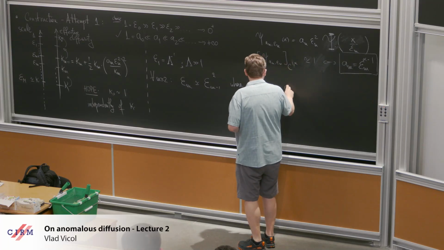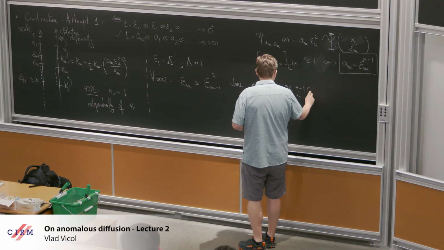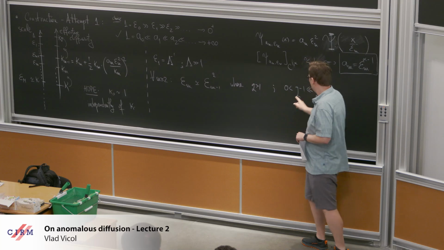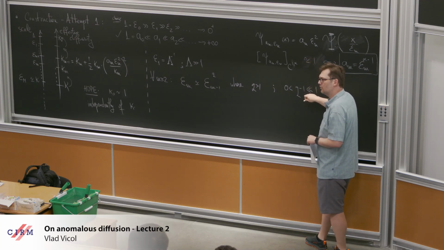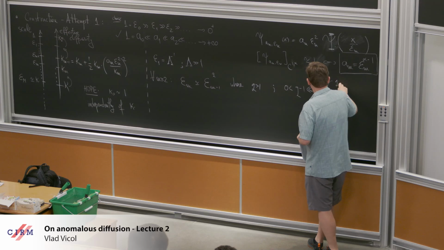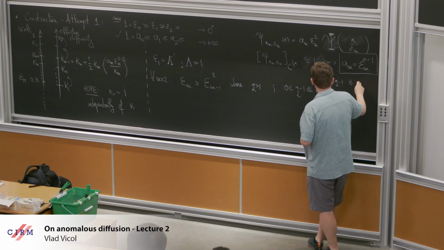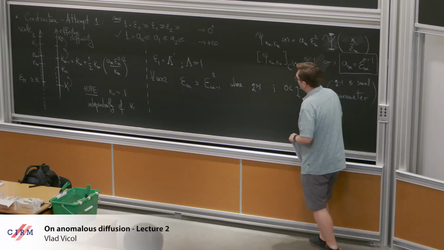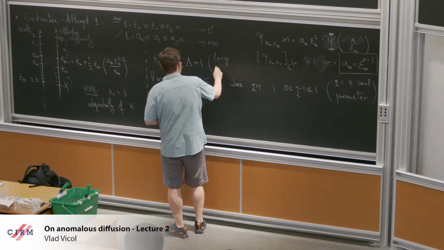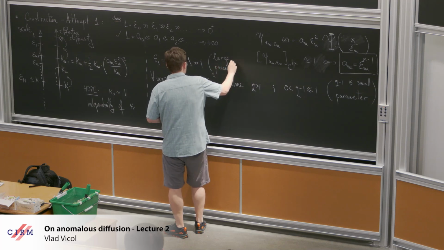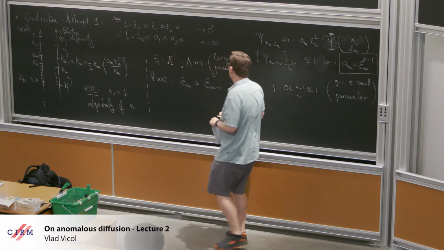So 0 less than q minus 1, super small. And how small is chosen as part of the proof. This is a small parameter entering in the proof. Q minus 1 is a small parameter, and capital lambda is a large parameter. And at some point, you have to choose them.